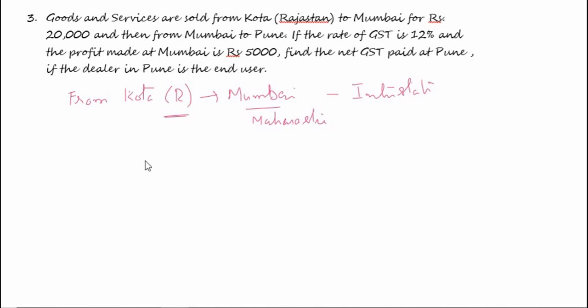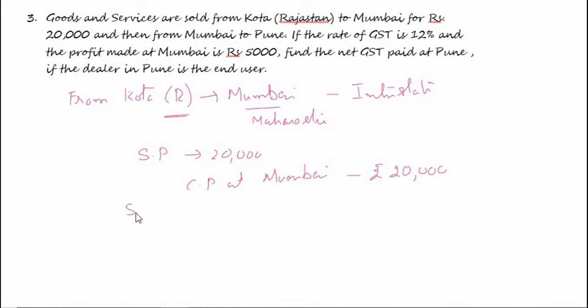So sold at what price? Their selling price is rupees 20,000. So the cost price at Mumbai is rupees 20,000. And then from Mumbai it is sold to Pune at a profit of 5,000 rupees.